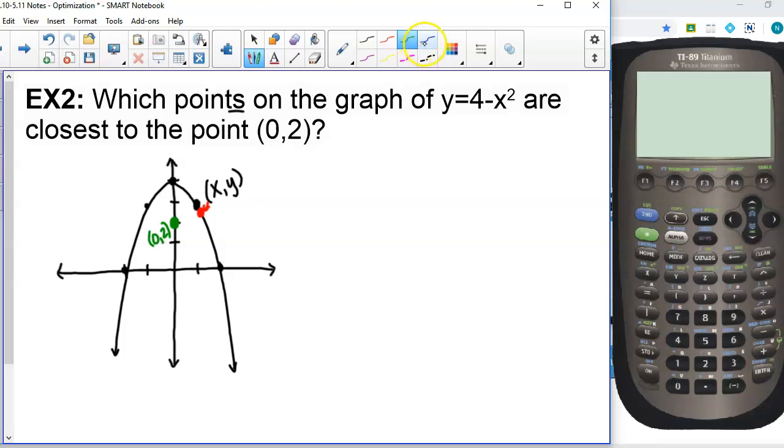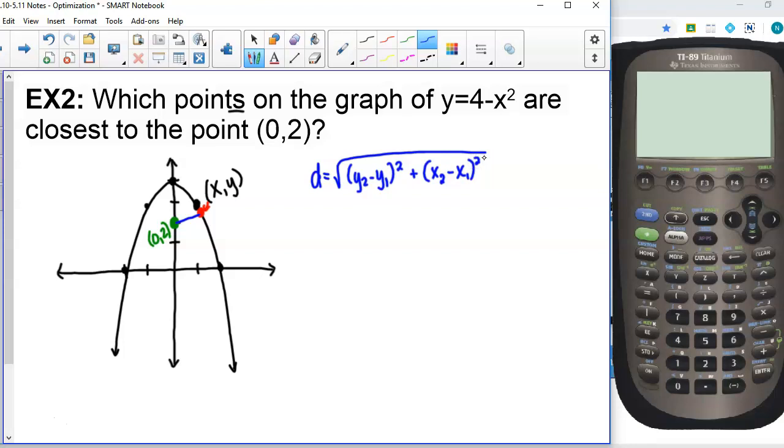So, how do we find the distance between 2 points? Anybody remember that formula? It had a square root. Yep. And the distance formula has a lot of flexibility in it. If you got the x's first instead of the y's, that's fine.